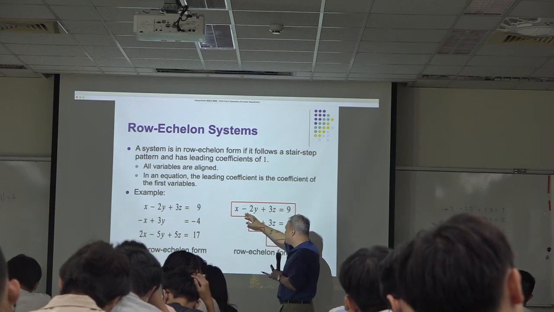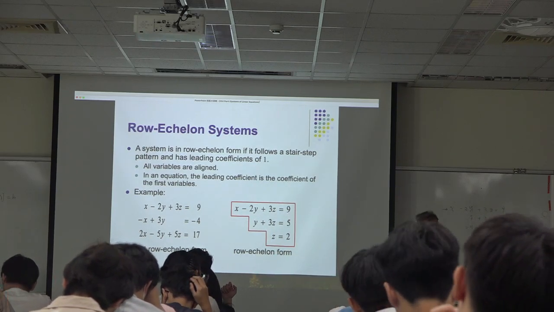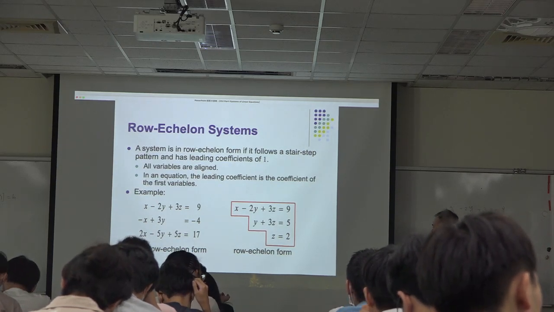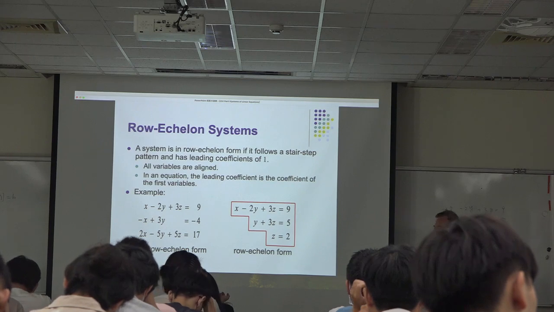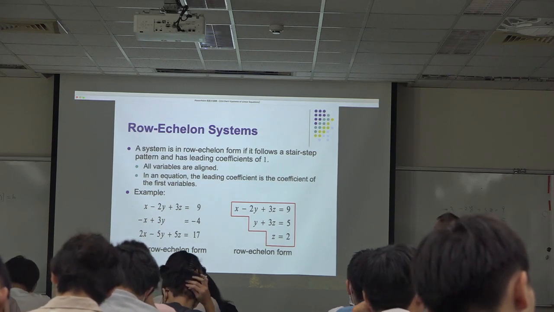Once we have that, it is very easy to solve this system of linear equations, because we do it from the last one, backward. We call that backward substitution.